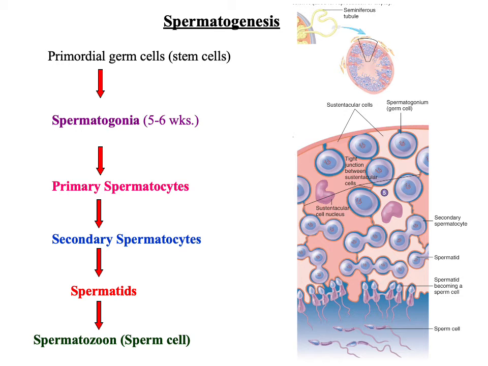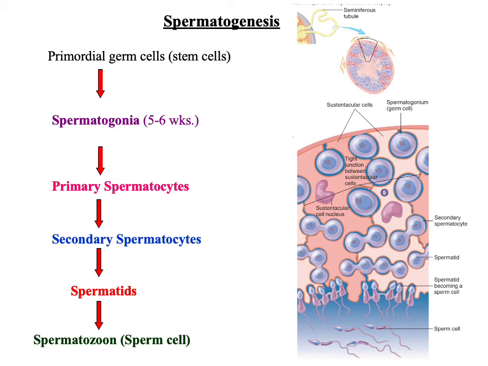But those primordial germ cells will, in about the first 5 to 6 weeks, eventually turn into what's called a spermatogonia. This is really just the earliest stage of what will eventually be the sperm. You'll notice sperm is a prefix all the way through.